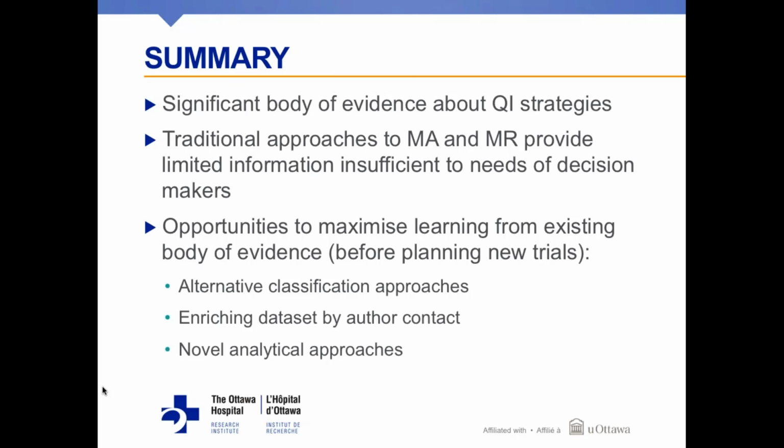These include novel analytical approaches that Kristen has summarized today, and also, as Kristen has mentioned, looking at whether contacting the authors can enrich the data set, and if we try different ways of classifying interventions, whether that might also enhance the value of these reviews to decision makers.